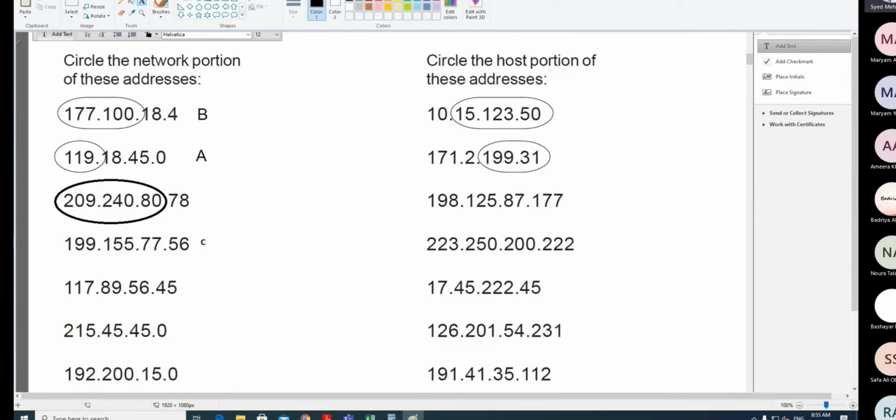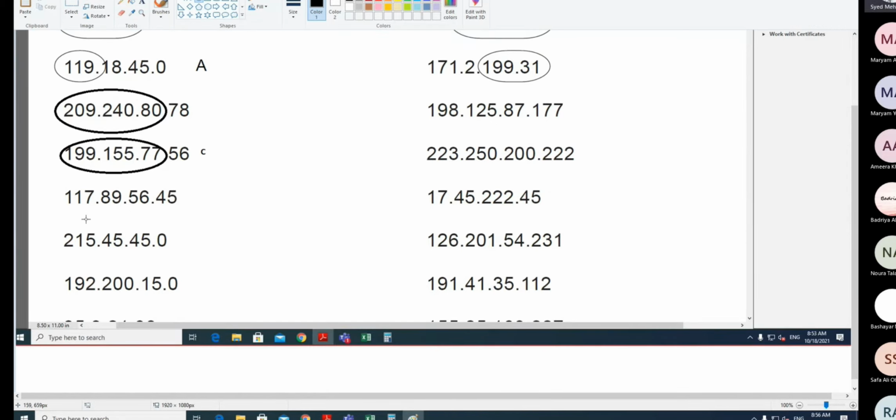If we need to make a circle, this will be our network portion. So the first three octets, the first group, second group, and third group, will be the network portion. Okay, now this is the next one. Is this class A, B, or C?